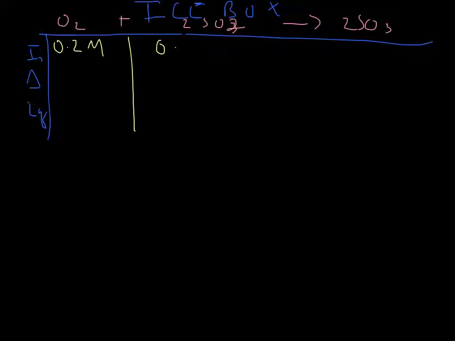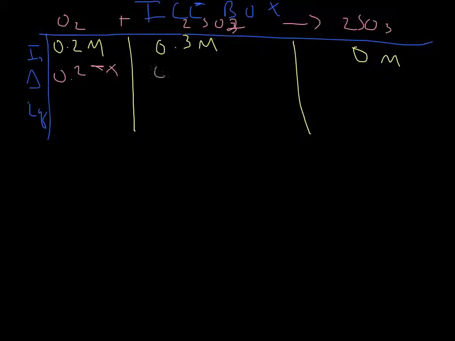Let's say we have 0.3 moles per liter SO2, and let's say we have 0 moles per liter of SO3, like I said before. Alright, now let's get a new color. So, right, we're going to have our minus x, right?